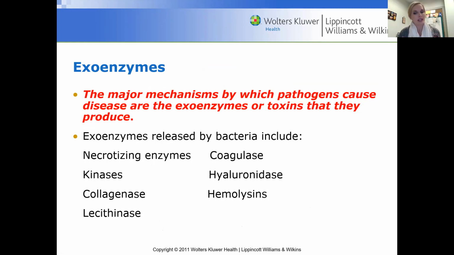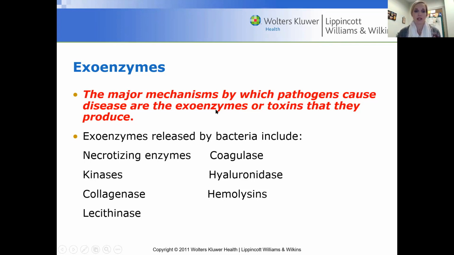Okay, exoenzymes, we talked about this with bacteria. You do not have to know the specific types of enzymes, but remember, exoenzymes are toxins that are produced by bacteria. They're able to excrete chemicals that help them cause harm to our immune system, making them even more virulent.